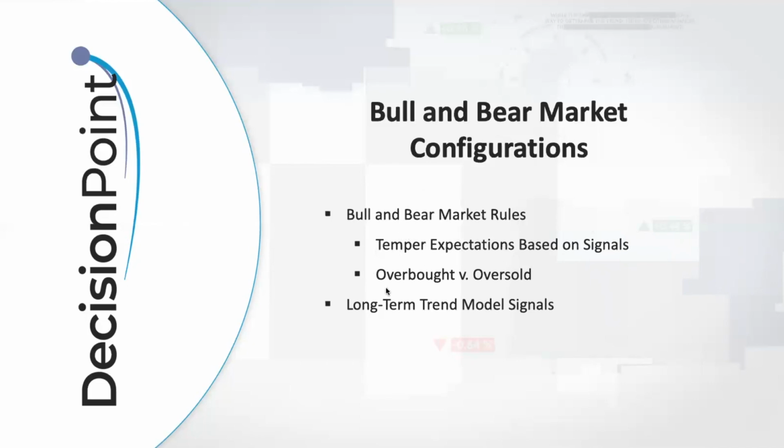You also need to consider whether you're in a bull or bear market configuration, because you want to treat overbought and oversold differently based on those time horizons. For example, if you're in a bull market configuration, you've got a stock that's running and price clearly is overbought. However, in a bull market configuration, overbought conditions can last a while.